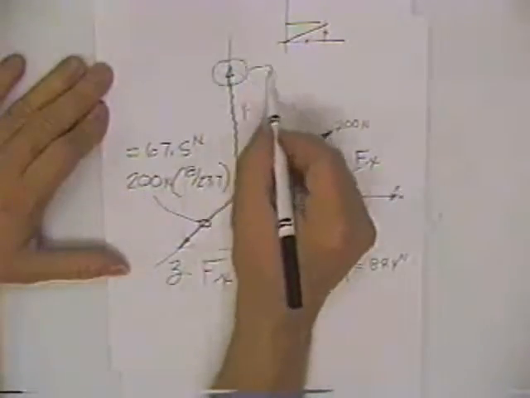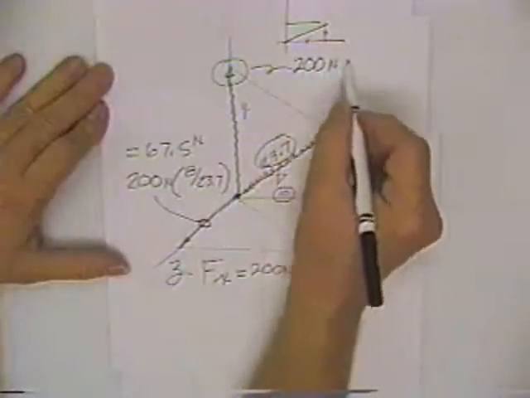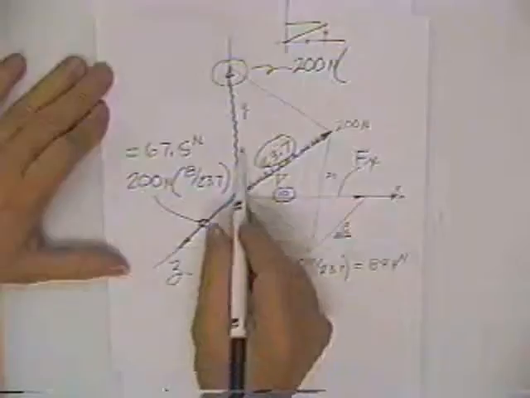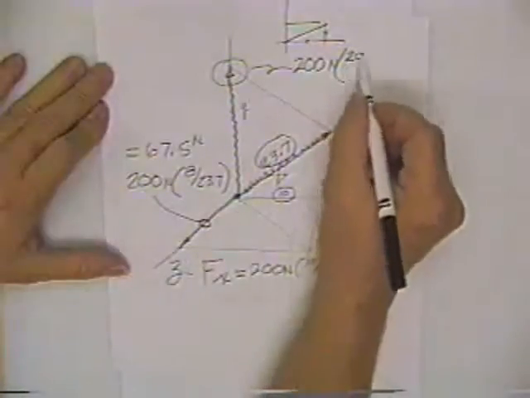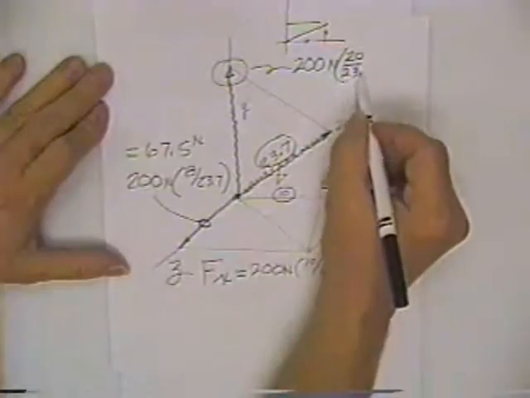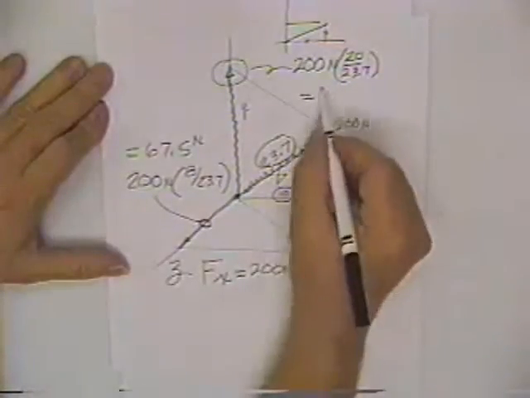And this guy right here points up 200 newtons multiplied times his upward projection, which was 20, over 23.7, is equal to 168.8.